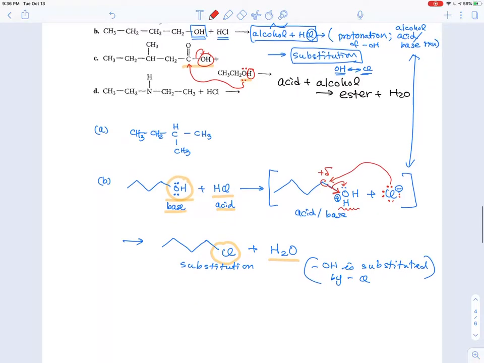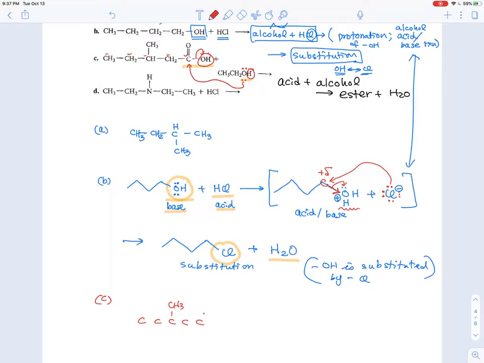And so your final product for the C is, so let's just count 1, 2, 3, 4, 5. So 1, 2, 3, 4, 5. And then the third one has a methyl group here.